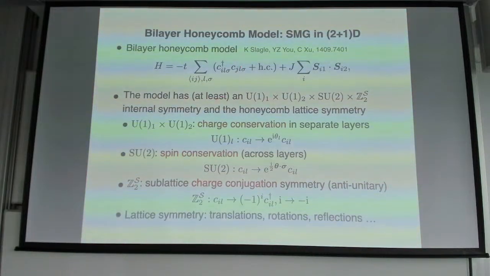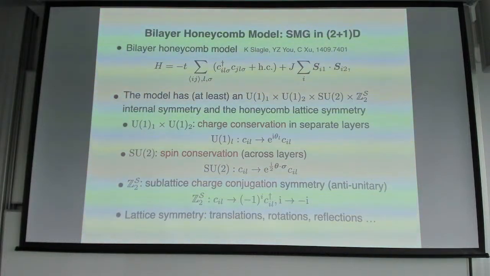And then in each layer, electrons just hop in the graphene layer independently. They don't turn over to the next layer. Of course, this is an ideal model. In reality, it does happen, but let's ignore that. And then you have 2 independent U1 charge conservations. But there's only one SU2 spin symmetry because the spin interacts between the 2 layers. So they lock the SU2 together, so there's only one total SU2 spin.